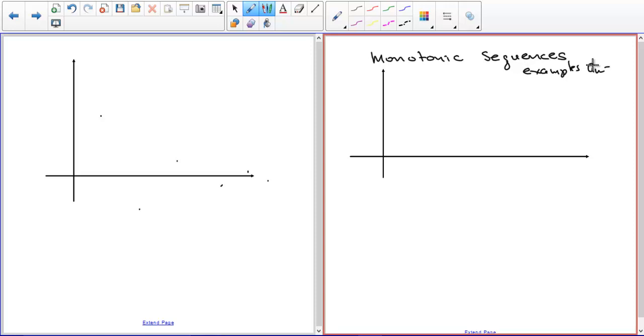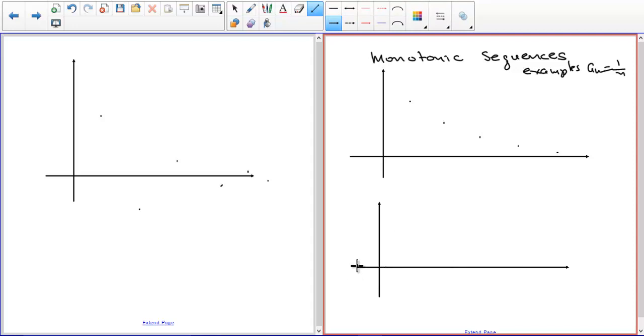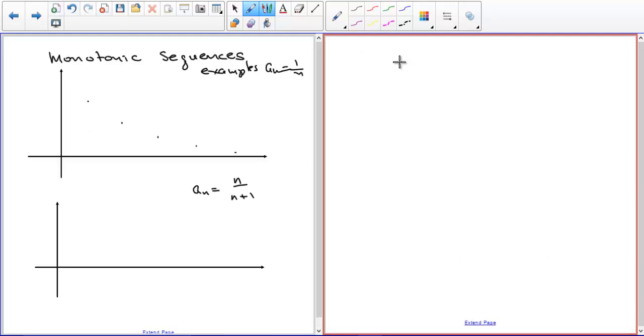So a sub n equals 1 over n. We're decreasing in a nice regular pattern, so that's monotonic. What else? 1 over anything pretty much. 1 over n squared, 1 over n cubed. Even if you did a sub n equals n over n plus 1, that would be monotonic too, just by plugging in values for n.